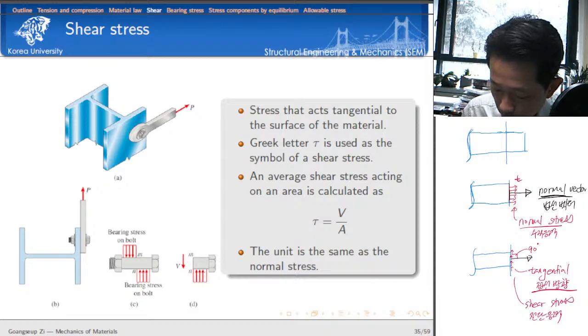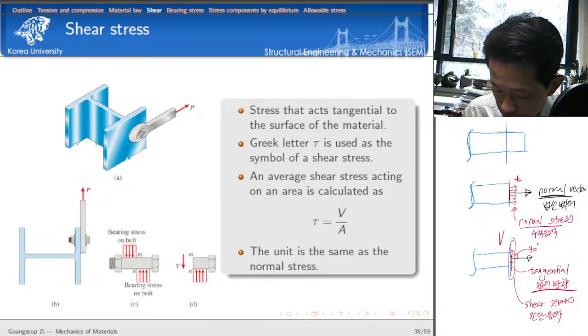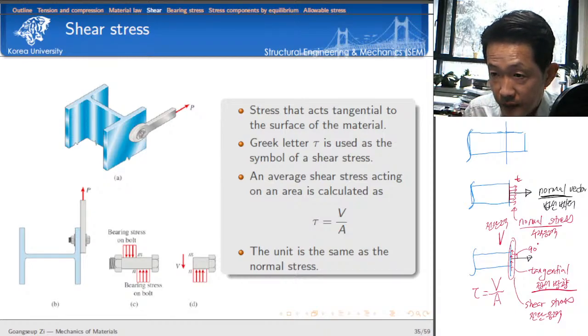So of course the overall load, the overall internal force, may be characterized by an internal force V. This is called shear force, 전단력. So dividing this 전단력, shear force, by the cross-section area, we can calculate the magnitude of the shear stress.